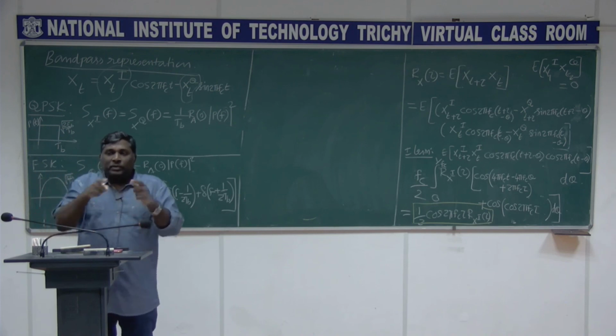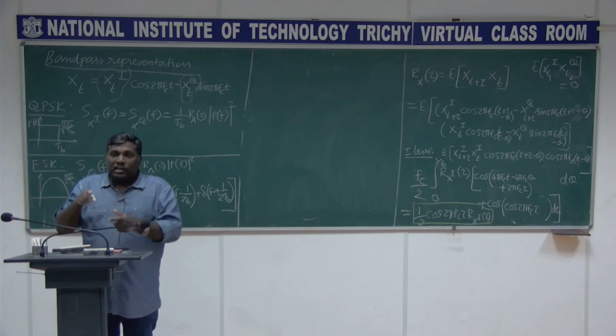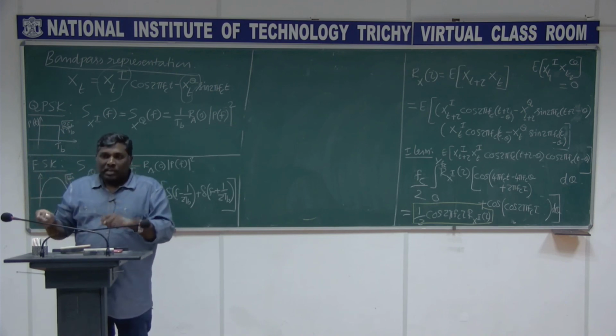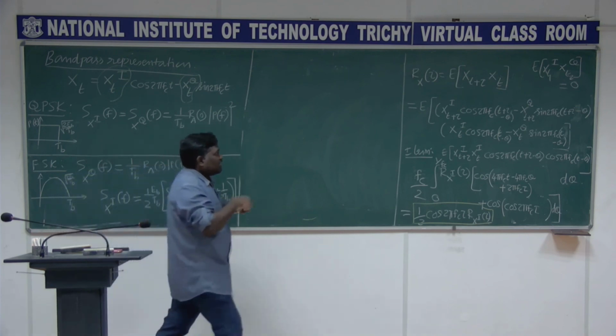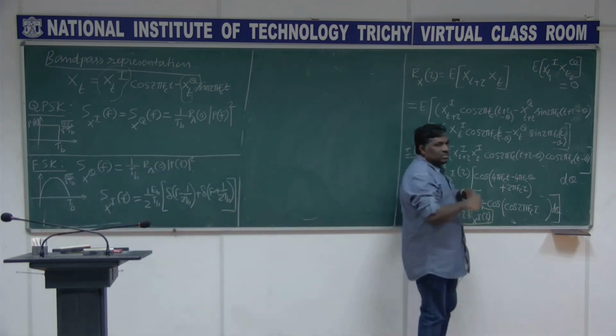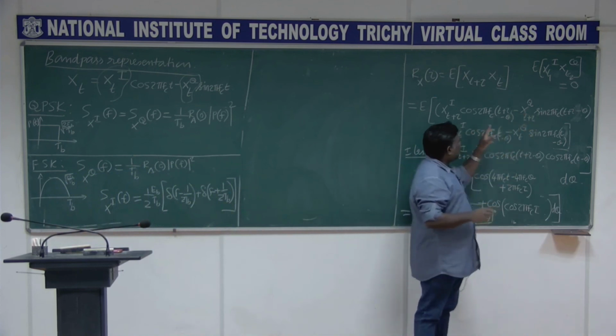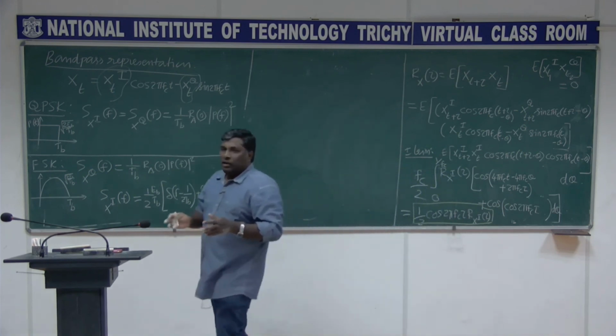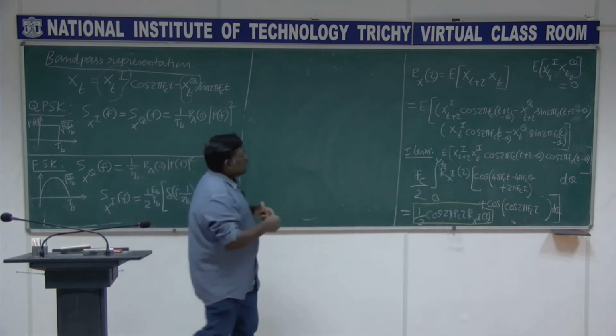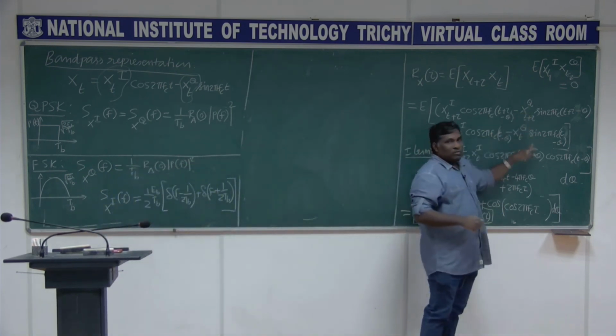If I take the expectation over these 2 random variables, that becomes 0, because I assumed that they are independent and individually they have mean 0. If that is the case, I am going to neglect the terms Q with I and I with Q. These 2 terms I am going to neglect, and we have only Q with Q.